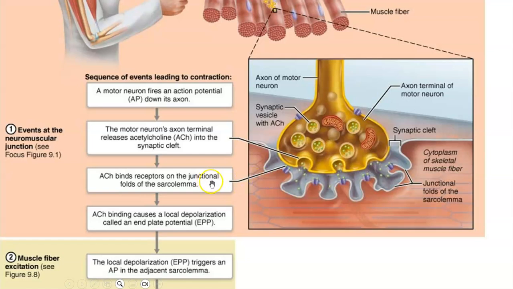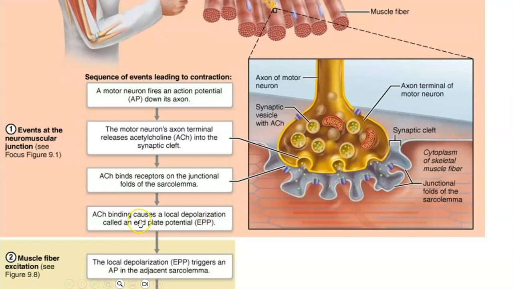Then the acetylcholine will bind to the receptors on the junctional folds of the sarcolemma. You will also hear that referred to as the motor end plate of the sarcolemma, which is the plasma membrane of the muscle fiber. So you see the little green molecules binding to their receptors.